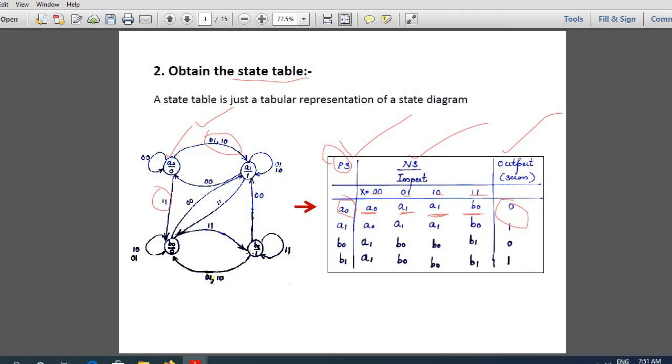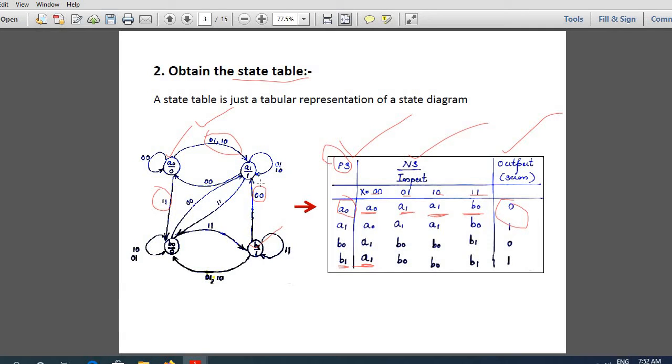Now you take another state. For example, let us take B1 just to make you more familiar. Take the state B1. What happens when the input 0 0 is applied? It goes to A1. That is what is written here. And for the inputs, the outward arrows should be taken. That is what indicates the effect of each input on B1.